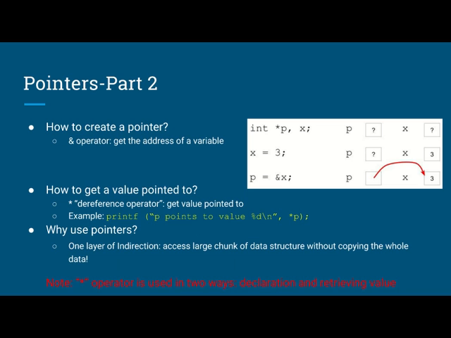Okay, so note here the asterisk operator has two different usages in this example. The first one we use to declare a pointer, which tells the compiler that it is a pointer to an integer value instead of an integer variable.